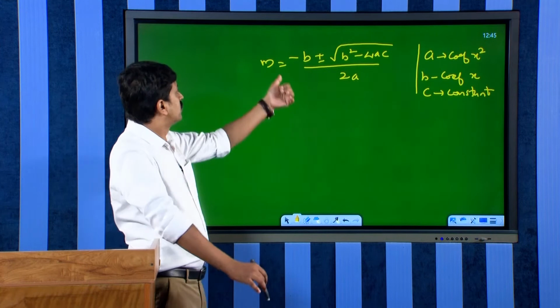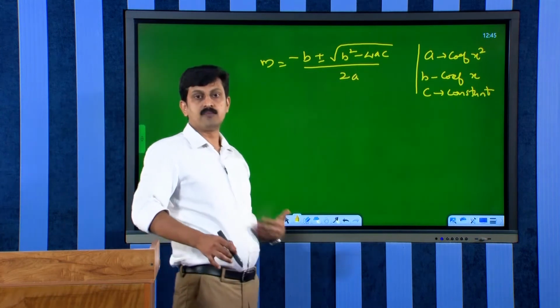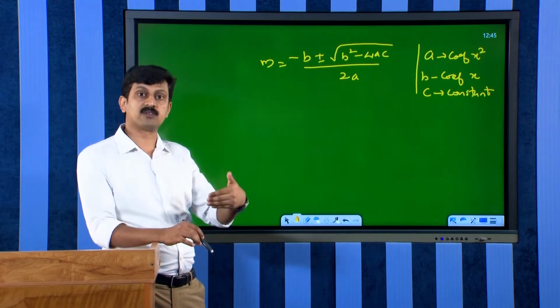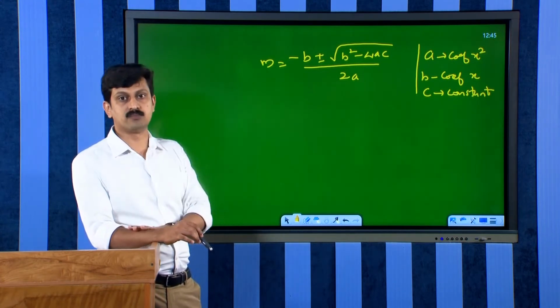We just used a, b and c based on the general form of the auxiliary characteristic equation, that is the quadratic equation that we discussed before.